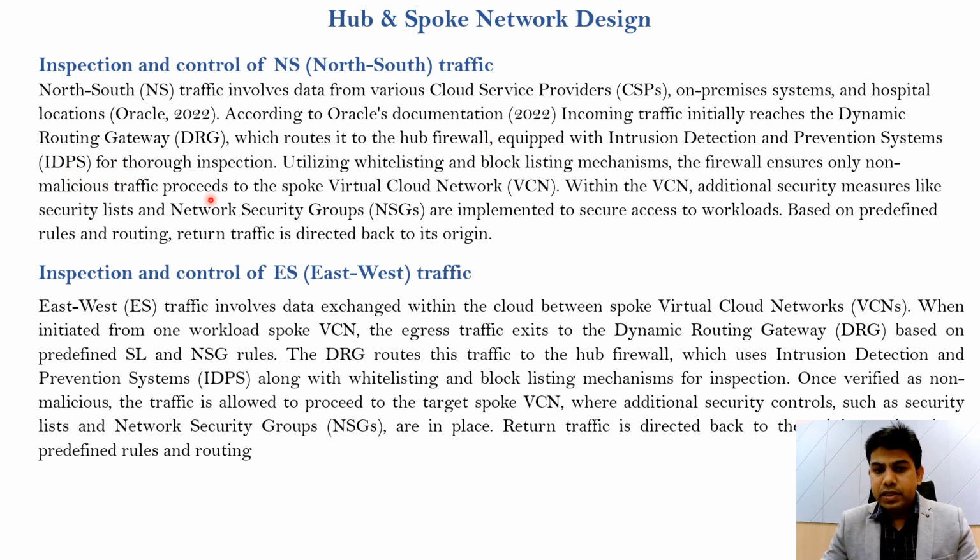That's where the IDPS feature is enabled, and then based on the whitelisting and blacklisting mechanisms, the non-malicious traffic will proceed to the spoke VCNs. Inspection and control of east-west traffic: this is traffic within OCI itself. From one VCN to another VCN, that also will be forwarded and inspected by the hub firewalls.